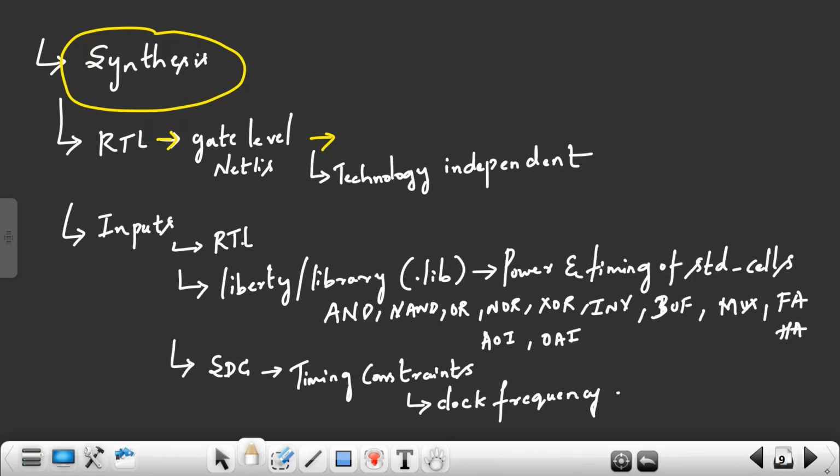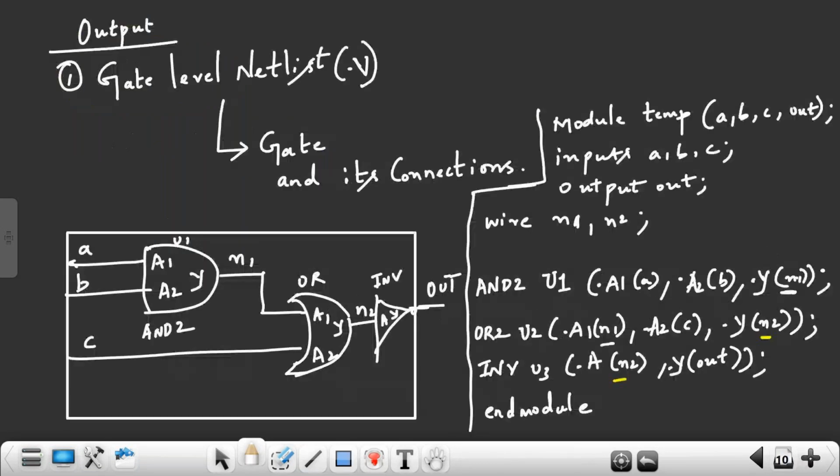But your gate level netlist is technology dependent. How it is technology dependent? So I will write here, it is technology dependent.